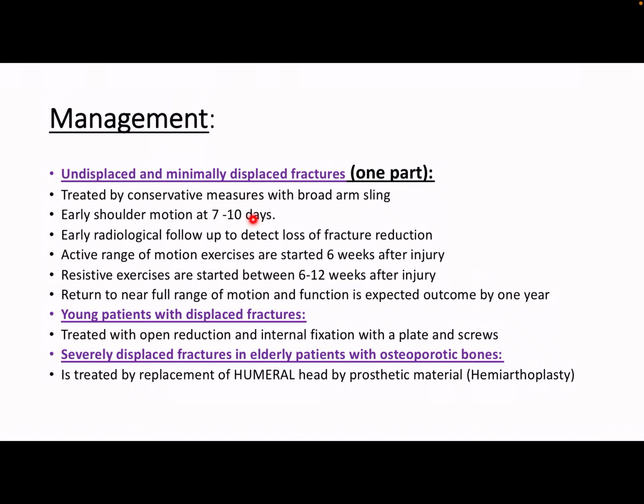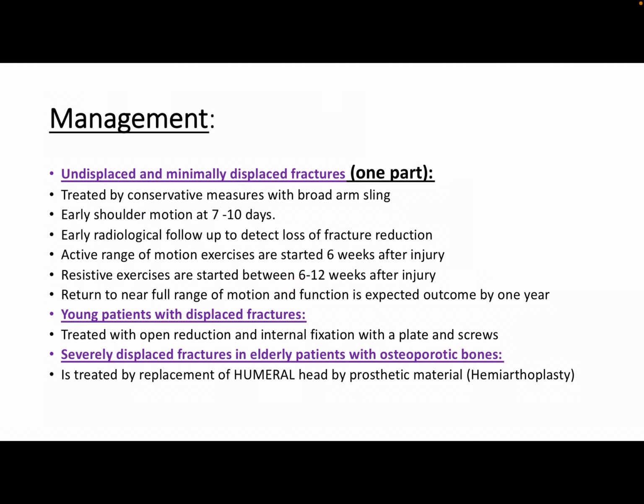So you can just go for the broad arm sling, and you are going to advise the patient that in the first 7 to 10 days there should be early shoulder motion. Then at 6 weeks, start the active range of motion. And then at 6 to 12 weeks, resistive, strengthening exercises should be done. And then by 1 year hopefully he'll be fine.